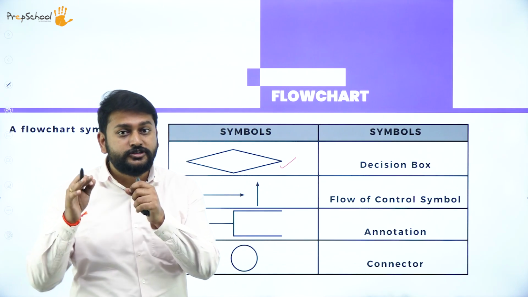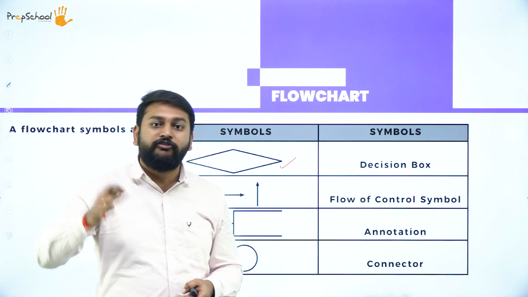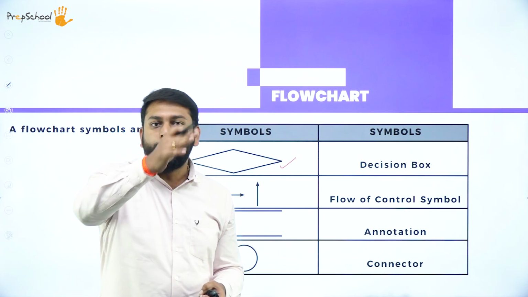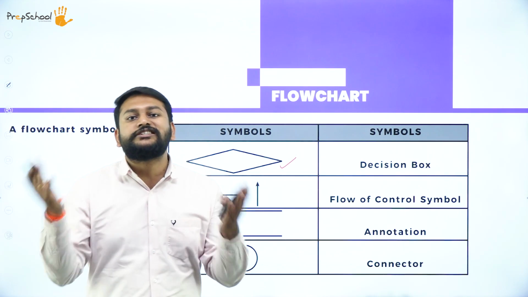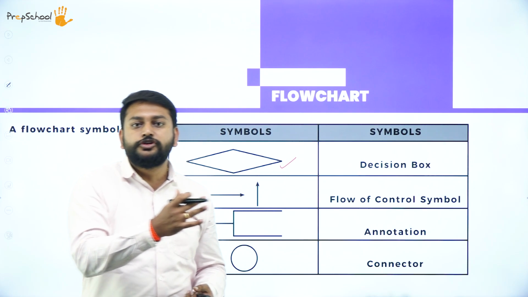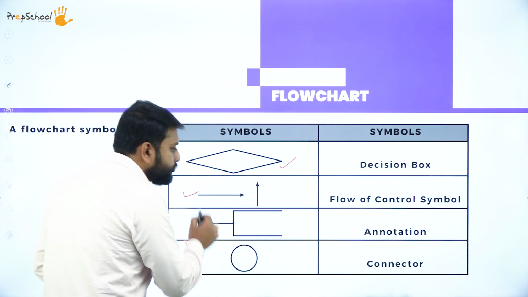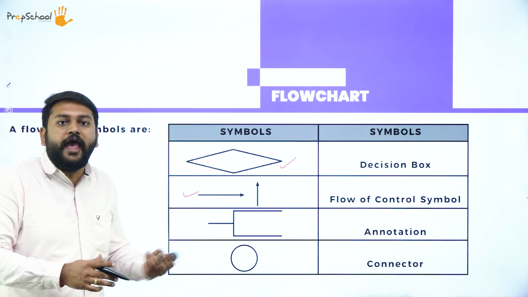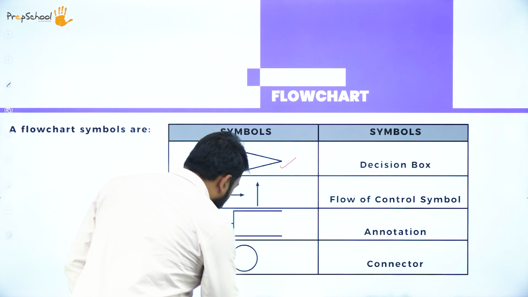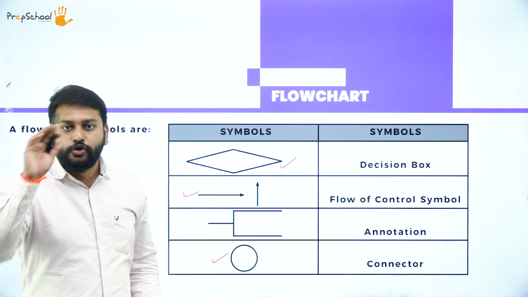The arrow mark will tell you in which direction the flow is going, top to bottom or bottom to top, the execution flow gets depicted with the help of these arrow marks. And also, you will be using this symbol for annotations. And then lastly, if you are connecting, you will be using the circle to depict the connector.